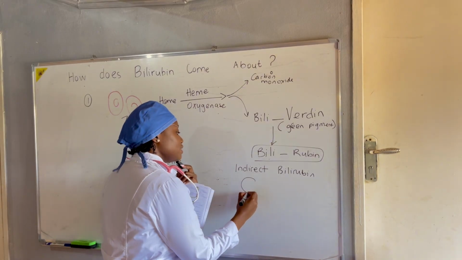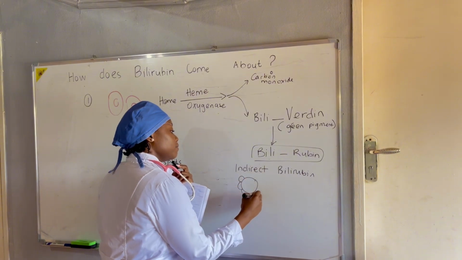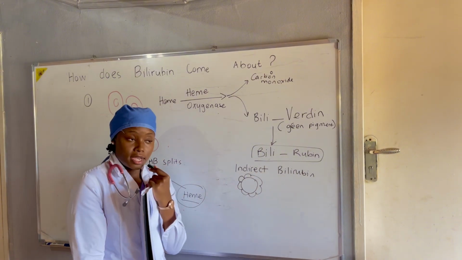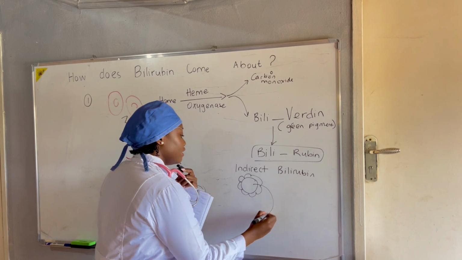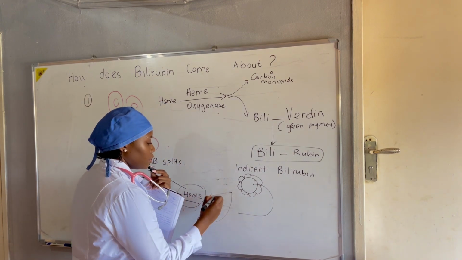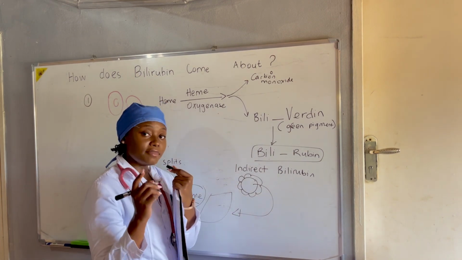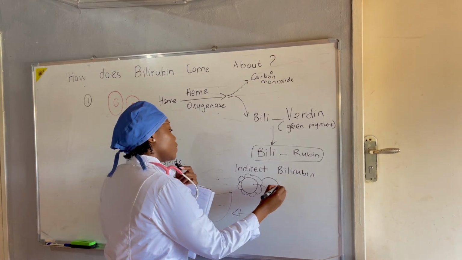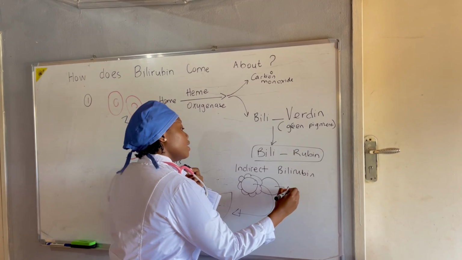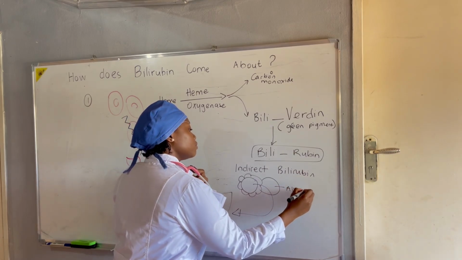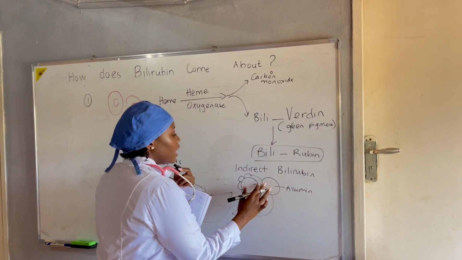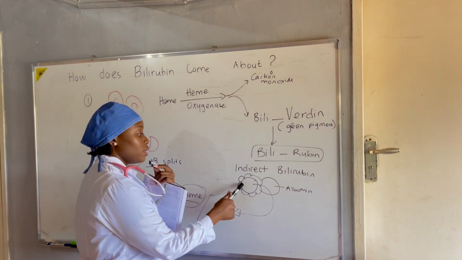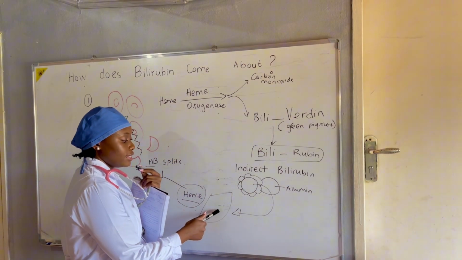So it's all alone. For it to enter the liver, it needs something that will transport it into the liver. And that is what we call albumin. So albumin will bind to the bilirubin and take it to the liver.